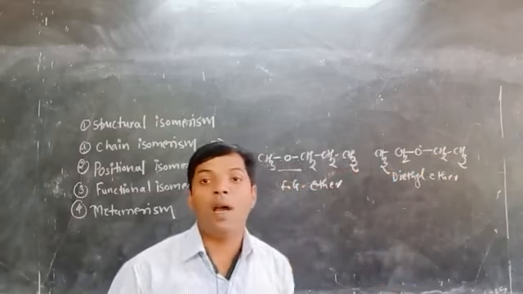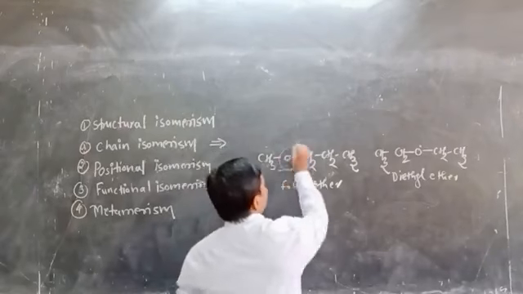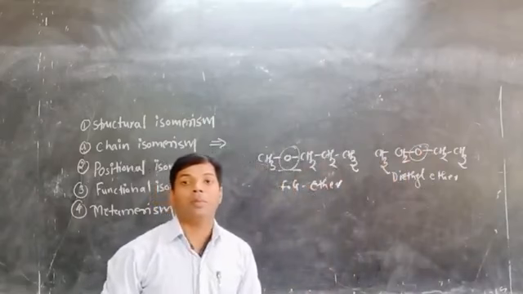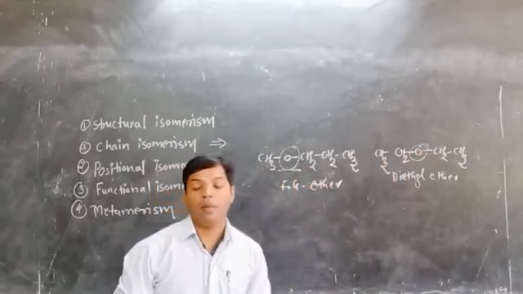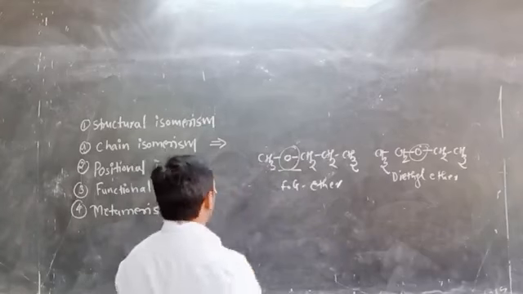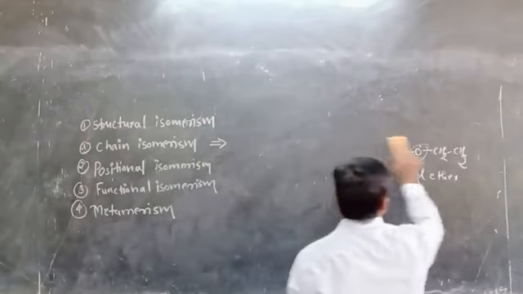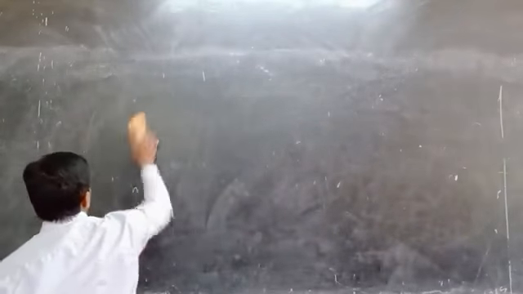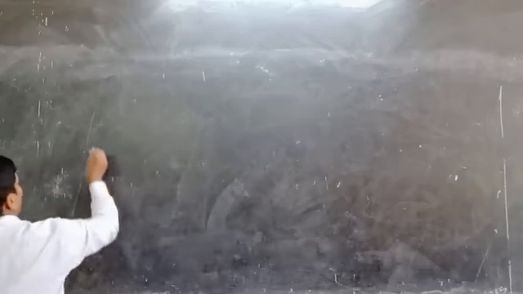Where the distribution of alkyl groups around the functional group is different, the compounds are called metamers, and the phenomenon is called metamerism. Next we will discuss another type of isomerism, that is stereoisomerism. What is meant by stereoisomerism?